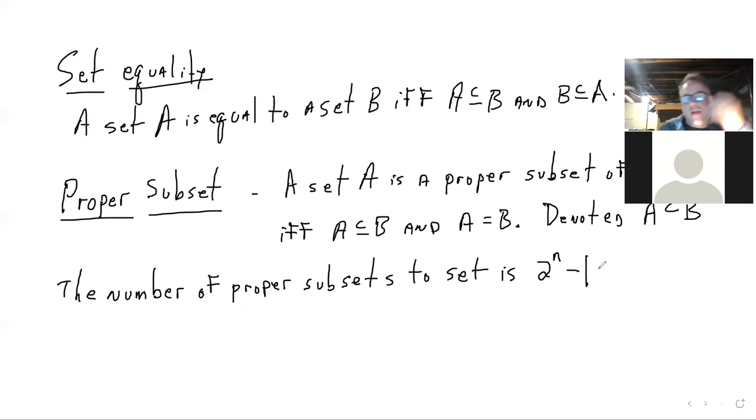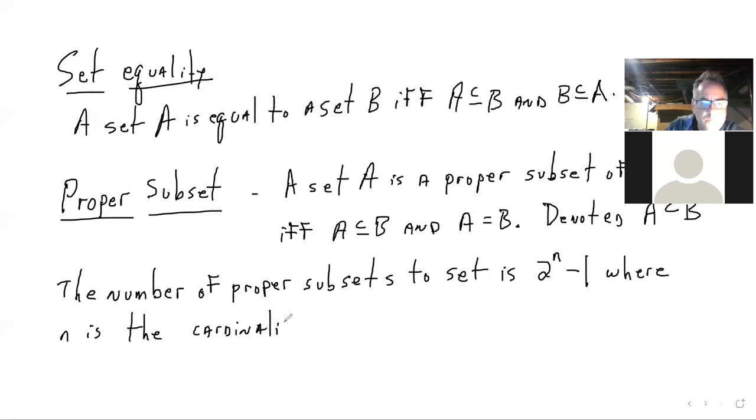And the one you're not counting is itself. That's the one that gets tossed in terms of the count. So where again, n is the cardinality of the set.